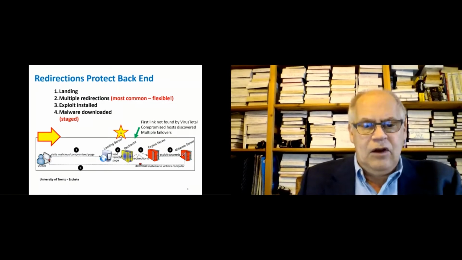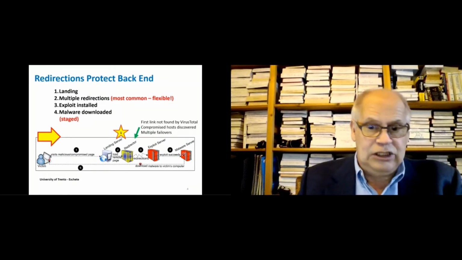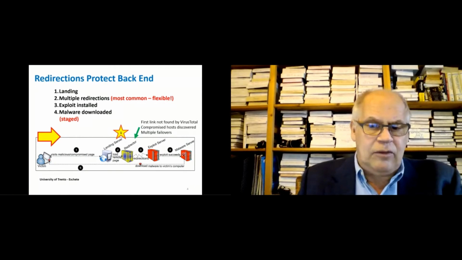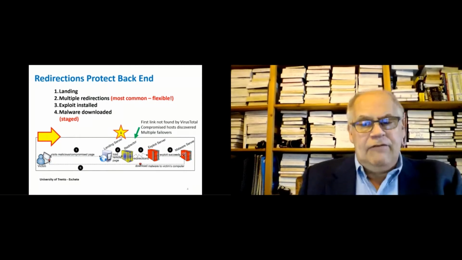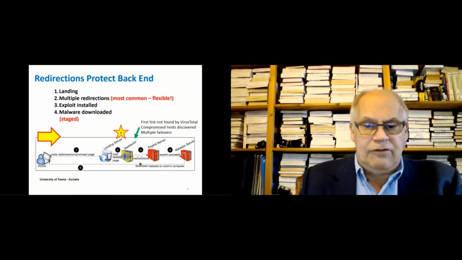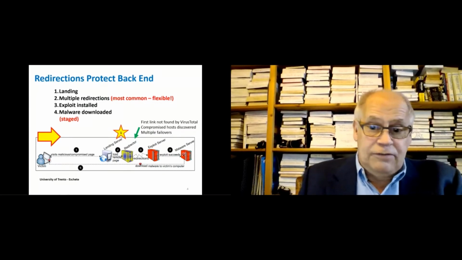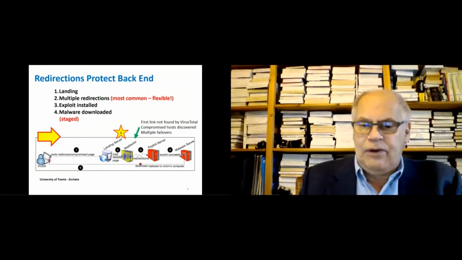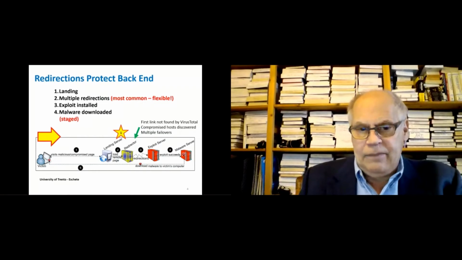So once again, we see our victim here. He goes to a bad malicious website, and then somebody else directs him onto somewhere else. And then you'll notice that there's a little zigzag in here. And very often, this is done for 3 or 4 different servers before you finally get to the exploit server. And then you can see in this one, they've also separated the function of delivering the malware.